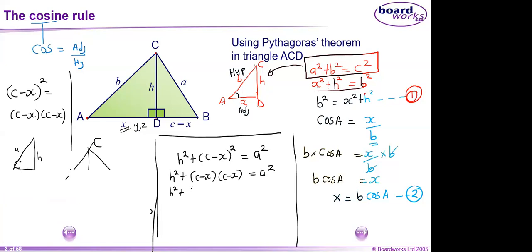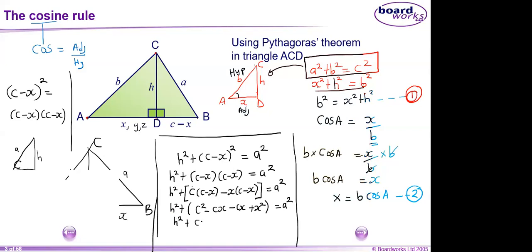So we'll have C into C minus X, minus X into C minus X. Then you'll have C squared minus CX, minus CX, plus X squared, which will give you C squared minus 2CX plus X squared.